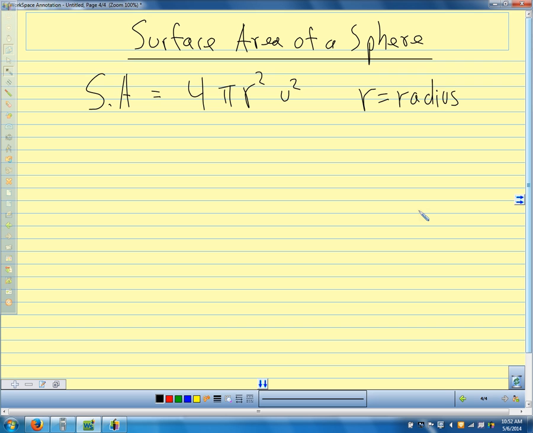So let's look at a couple of examples of calculating with this surface area formula. So we have a baseball. And our diameter is 2.9 inches. We want to know how much leather do we need to make the cover.